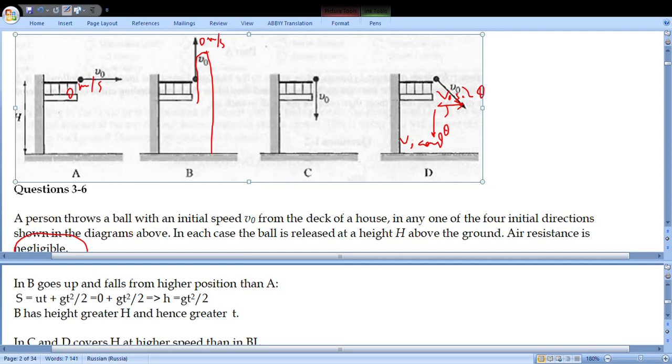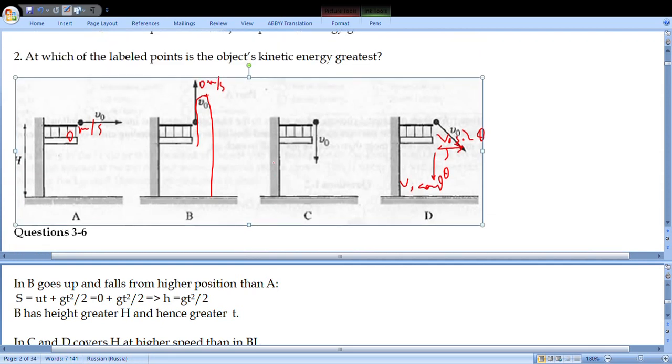So the height from which B falls is the greatest among our objects. B goes up and falls from a higher position than A. The formula s equals ut plus gt squared over 2 turns into height equals gt squared over 2. So the greater the height, the greater the time of fall. B has height greater than h and hence greater time.